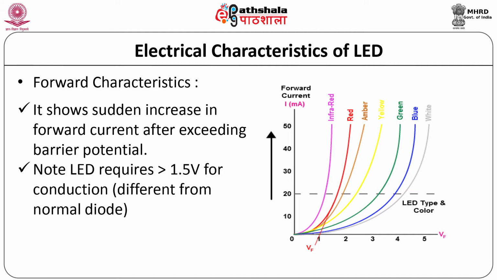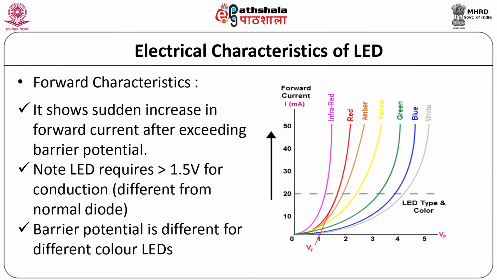Note that an LED requires greater than 1.5 volt for conduction. Here it differs from a normal rectifying diode, which requires either 0.2 volt or 0.7 volt depending upon whether the diode is germanium or silicon. Further, this voltage in the case of an LED depends upon which color, that is wavelength, is emitted by the LED.